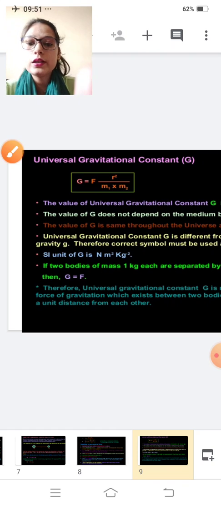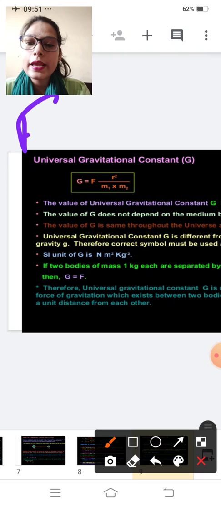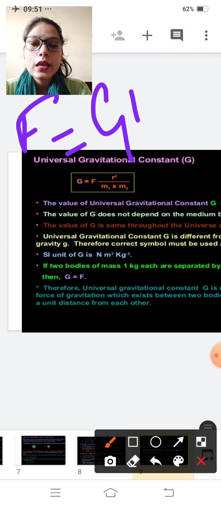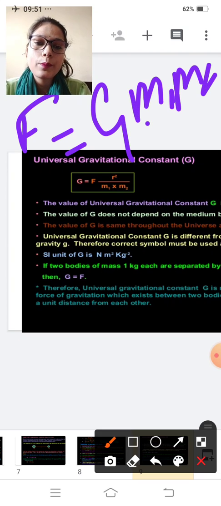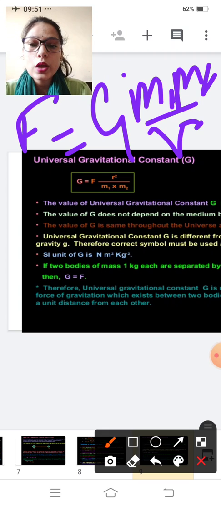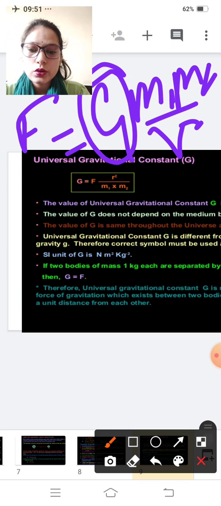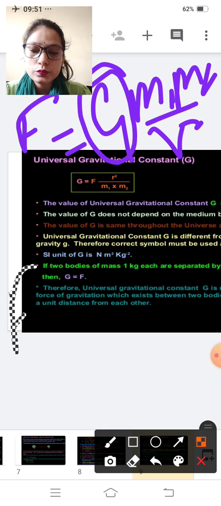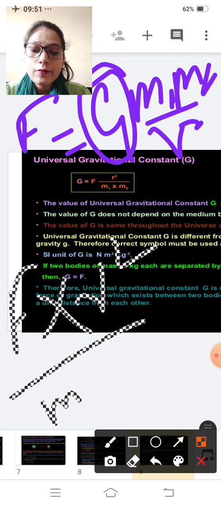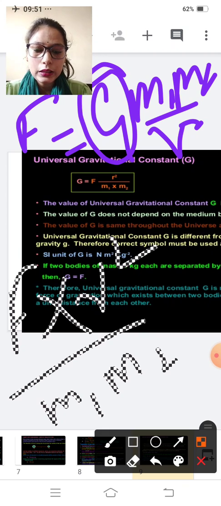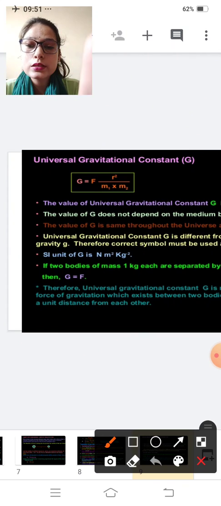Clear? How does it come? See, we know that F is equal to G m1 m2 upon r square. Now you have to find the unit of this. So G is equal to F into r square upon m1 into m2. And what is the unit of F?